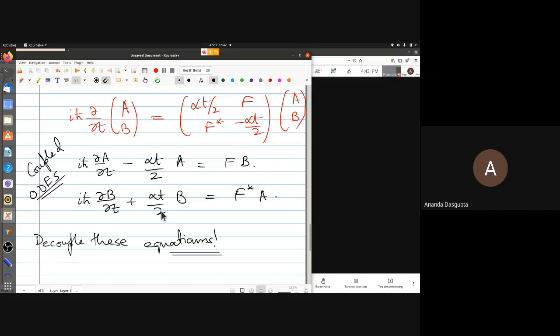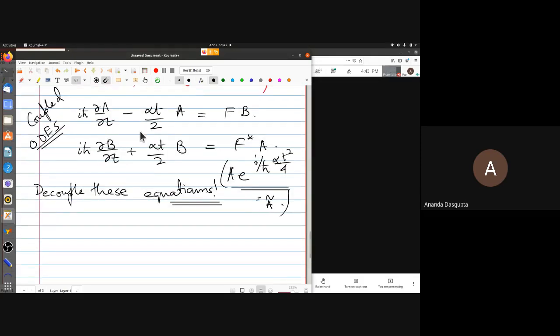And then reintroduce new variables. Basically, A times the integrating factor, this is your new A tilde. Similarly, do a similar thing with B. Rewrite the equation in terms of those, and then get two easier equations in terms of A tilde and B tilde, and try to eliminate one of the variables in favor of the other to get a second order ODE, which this equation obeys.